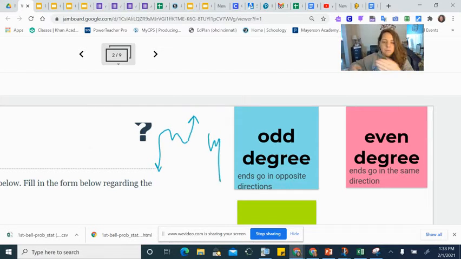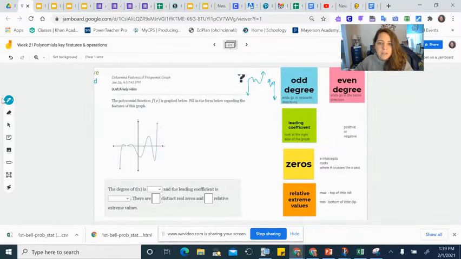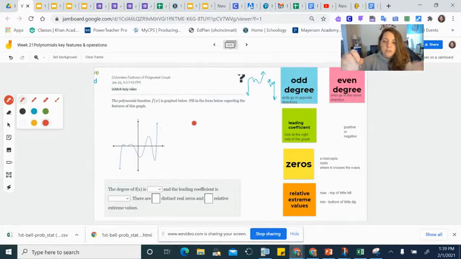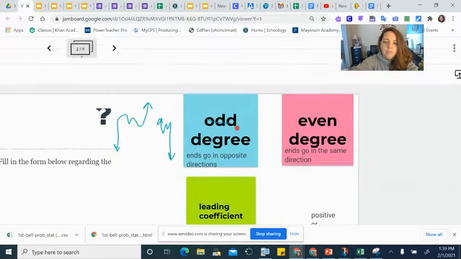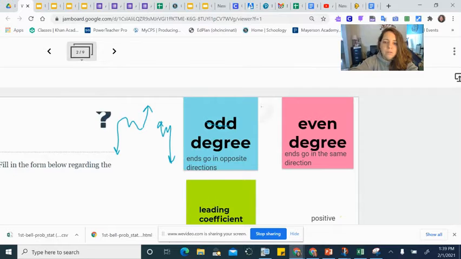On the left it goes up, on the right it goes down. If they go in different directions, then that would be what's called an odd degree function. If they go in the same direction, it doesn't matter what they do in the middle, they both go up or they both go down, then that is considered an even degree function.